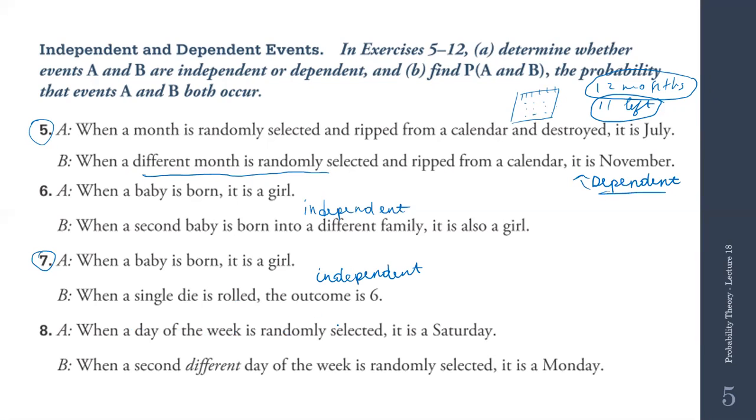When a day of the week is randomly selected, it's Saturday. So we have days of the week: Monday, Tuesday, Wednesday, Thursday, Friday, Saturday, and Sunday. We choose one, it's Saturday.